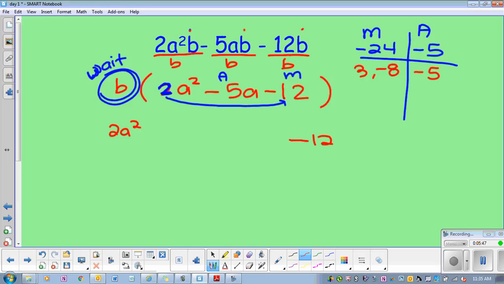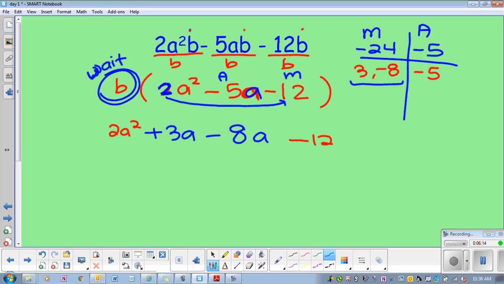Now, in the middle, I have negative 5a. I'm rewriting that guy using the two numbers that Austin told us. So I have a positive 3a minus 8a. Those variables need to be there.